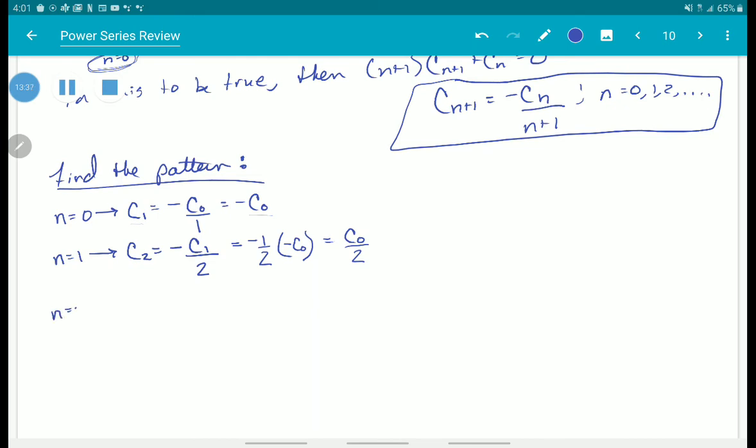Now let's look at when n is 2. So we're trying to figure out that pattern. What do those coefficients have to look like? So if we plug 2 back into this guy, we're getting our C3. C3 would be negative C2 over n plus 1, which will be 3.